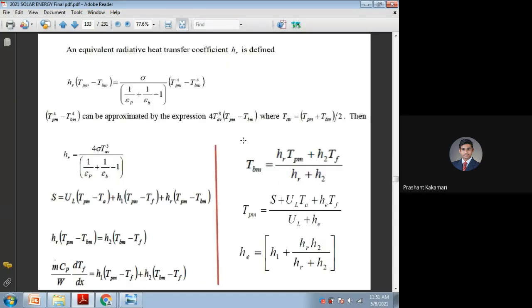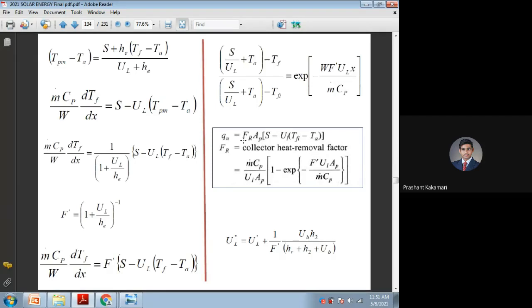One more equation. In the liquid flat plate collector we were using the useful heat gain m Cp delta T. You can see here on the bottom left side, m Cp delta T is nothing but the useful heat gain by the fluid. For that, using F dash you can find these values, or if you know the FR value, one can find it using the inlet temperature of the fluid.